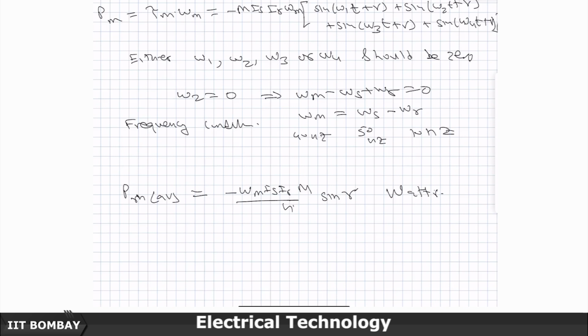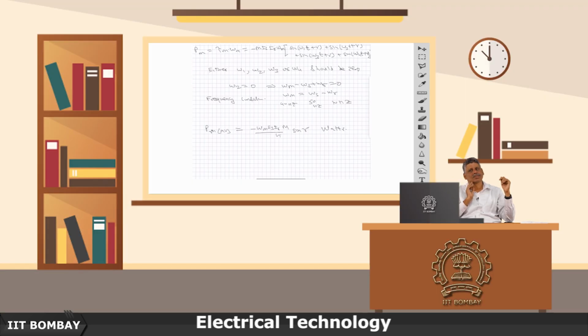So, actually all our industrial workhorses are traditionally three phase induction motors, and all our generators are traditionally three phase synchronous generators, so that you do not have this problem of instantaneous power and average power being different.